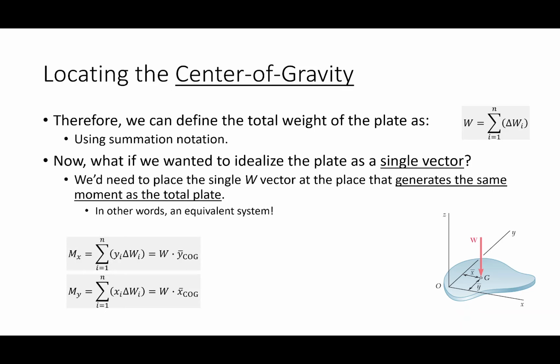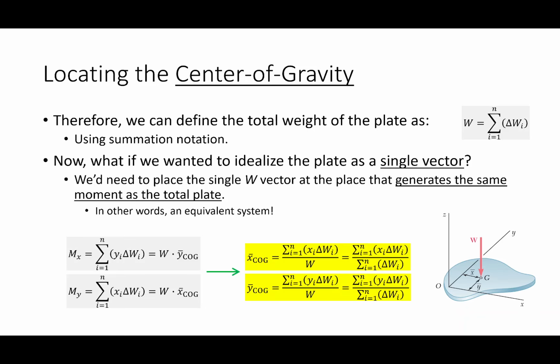So what I'll do is say, okay, instead of writing Mx as y1 delta W1 plus y2 delta W2 plus y3 delta W3 plus y4 delta W4, I'm going to write it as the total weight times this coordinate. And the same thing with moment y: the total weight times this coordinate. And now I can solve for these coordinates pretty easily.